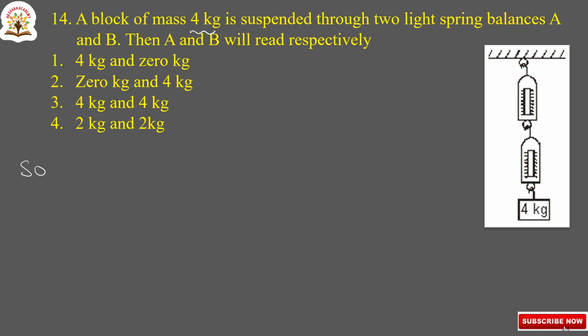Now let us go to the solution. Here the answer is the third option. Why? Because spring balances are massless, the reading shown by them is the same. So both are showing the same reading, that is 4 kilogram and 4 kilogram.